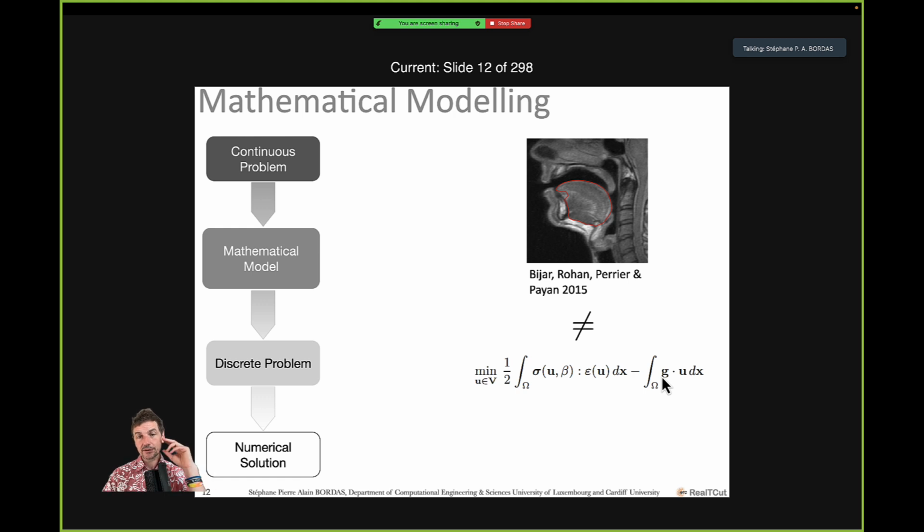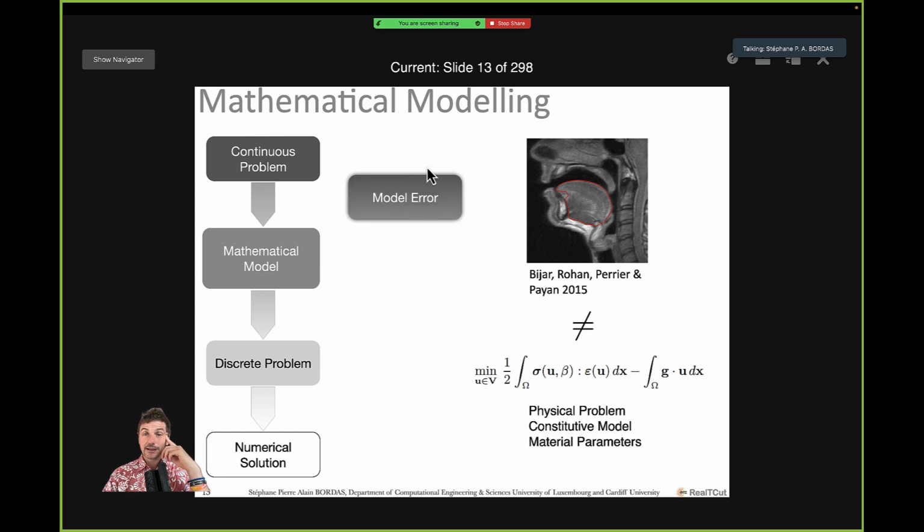So that's also something to know. So first of all, the model is not right. There is a difference between the two. And this is called the model error. This is what the model knows about the real problem, about real life. And usually it knows far less than we think it knows, because we have a different physical problem, a different constitutive model, and different material parameters.